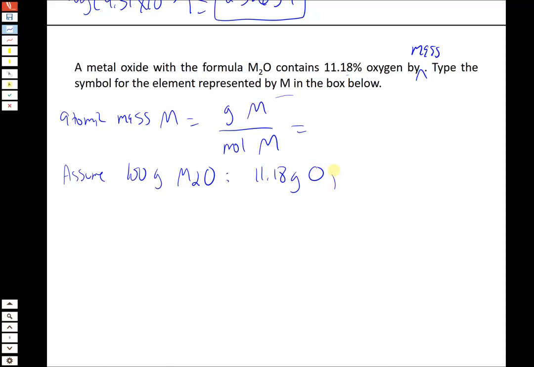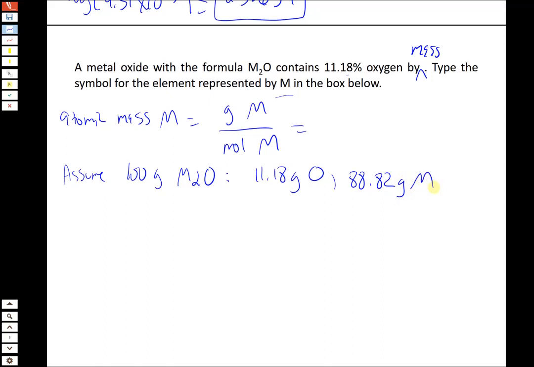This is the mass percent of oxygen, the rest has to be the metal M, so we just subtract that from 100. 88.82 is the mass percent of the metal, and that means in 100 grams you have 88.82 grams of the metal.